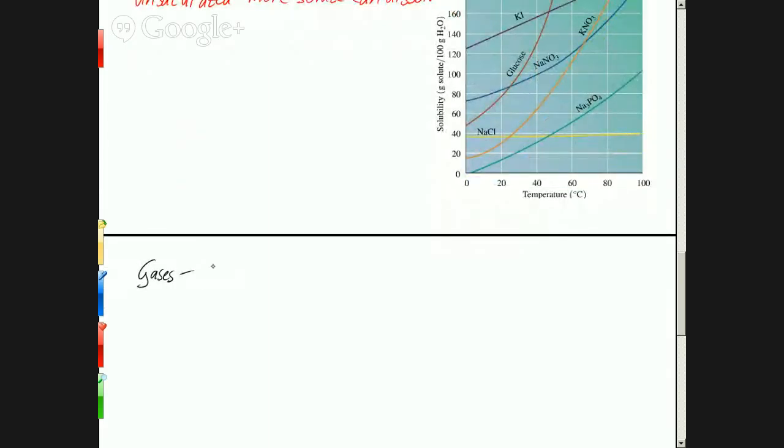For gases, increased temperature decreases solubility. And this is known as Henry's law.